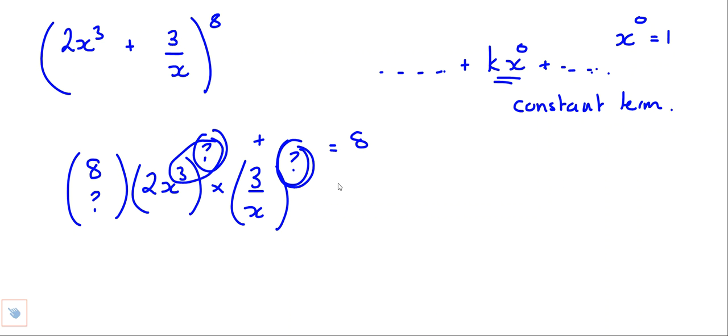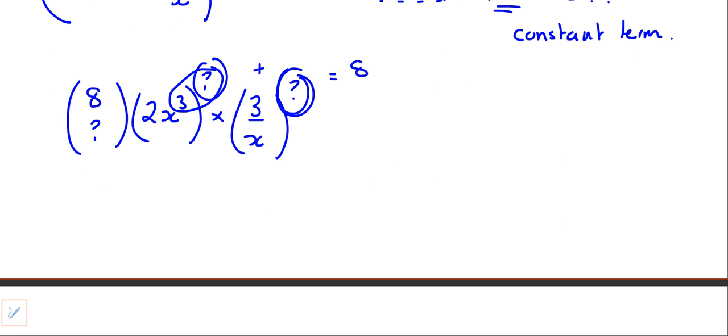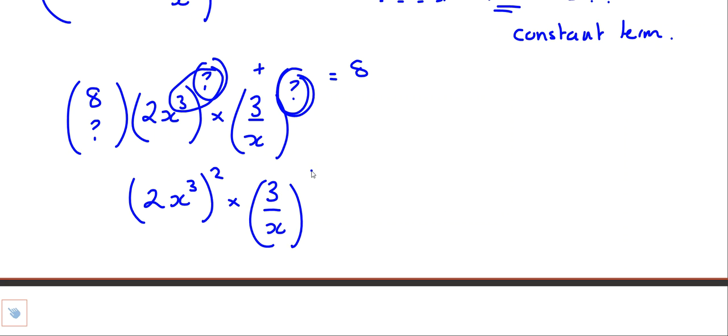And then 3 times that one has to equal that one. Because this x is on top and this x is underneath, when they multiply, they will cancel each other out if they end up being the same power. What we can spot straight away is if we do 2x cubed to the power of 2 multiplied by 3 over x to the power of 6, that would then make this 8 choose 2.